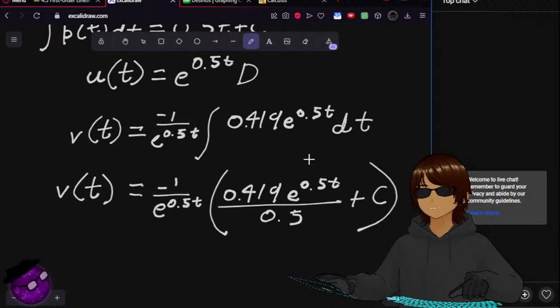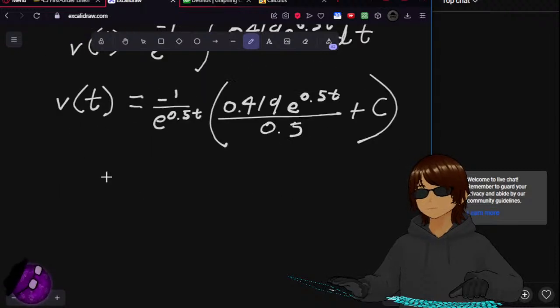If I take the derivative of all this, this constant is separate, e to the power of 0.5. The derivative of this is e to the power of 0.5 times 0.5, right? Okay. And this is equal to this and this multiplied. Wait, hold on.